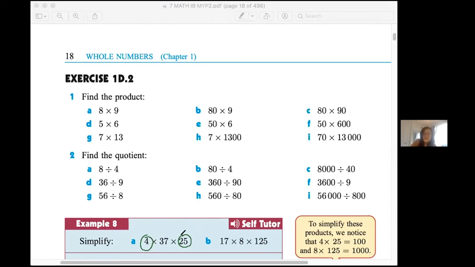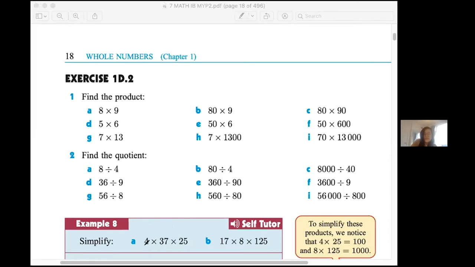The product of 4 times 25 is 100. And this is multiplication. There's 3 factors, but multiplication is commutative, which means we can change the order, and associative. Ideally, you need to do from the left to right, but you can switch the order.